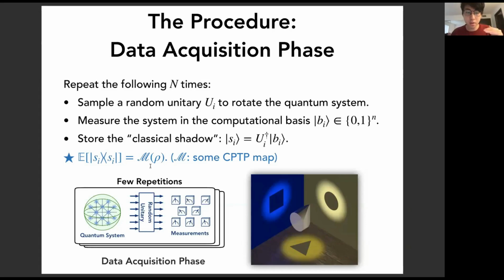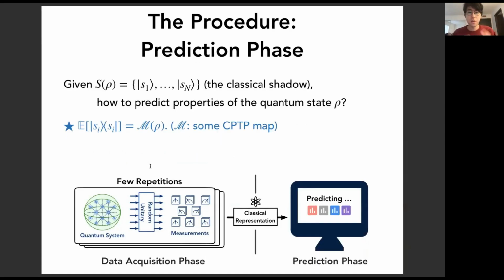Given this equality, we can start looking at the prediction step. Suppose that you have done n rounds of randomized measurements to get the classical snapshots S_1 to S_n, which we also call the classical shadow. How do we predict properties of the original quantum state rho? We will utilize this equality, and basically we just invert it.